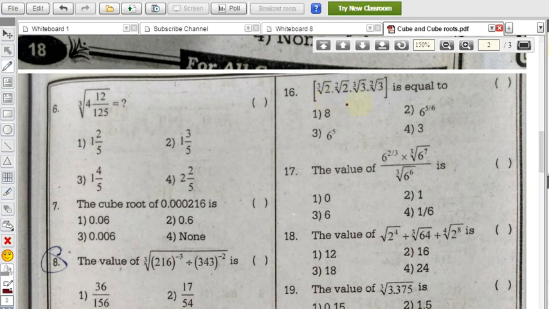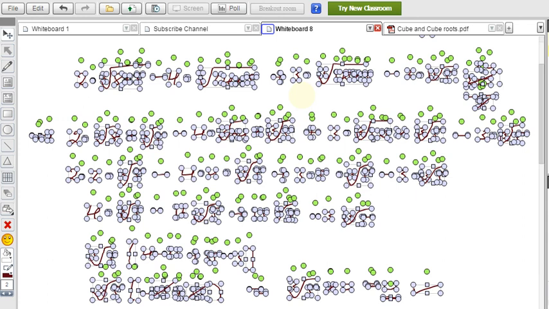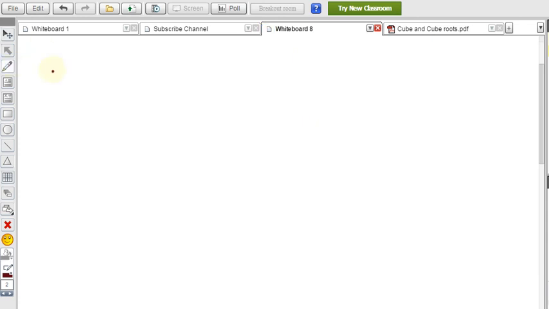So the given question is cube root of 2 into square root of 2, cube root of 3 into square root of 3.